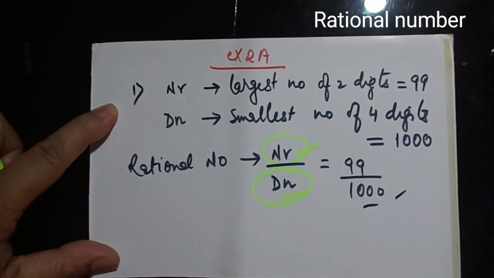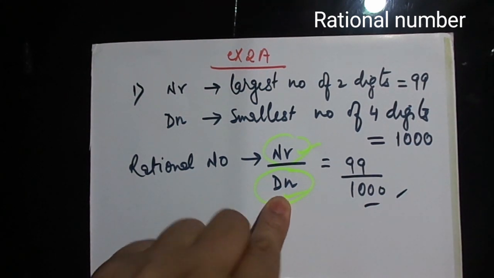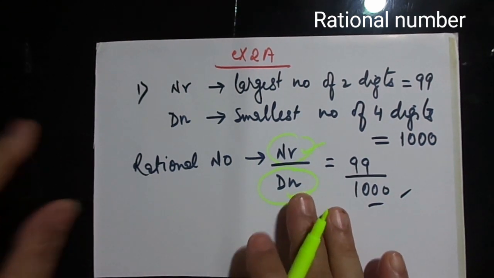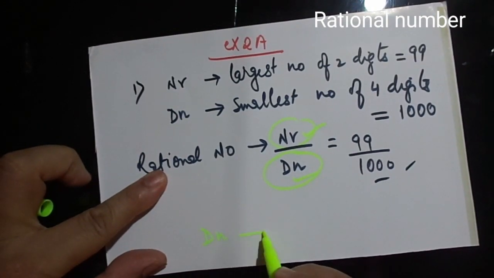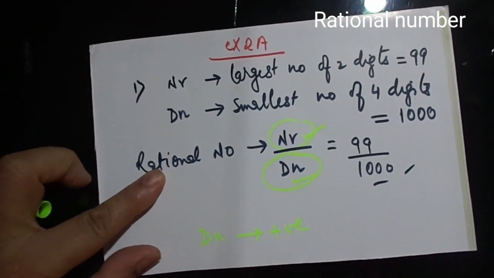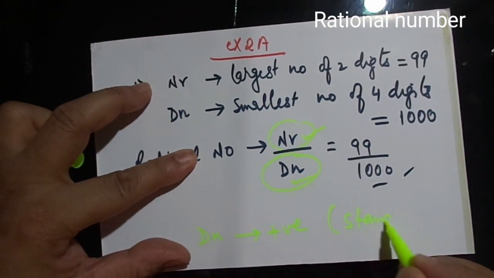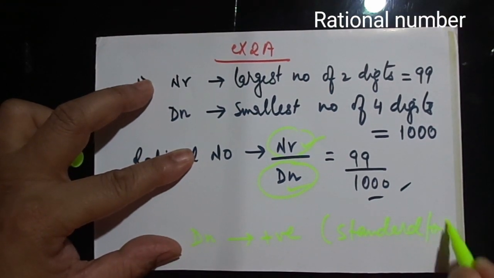One more thing before we go to the other sums: if the denominator has a positive value, we say the fraction is in standard form, which we shall learn later on, just after this. Okay, let's come to question number 2.